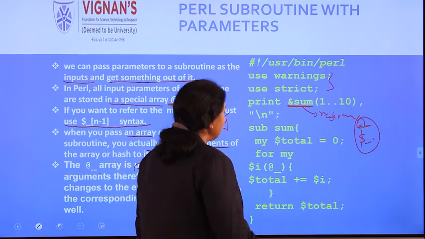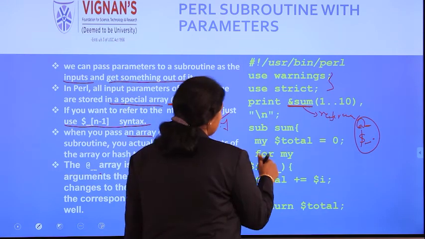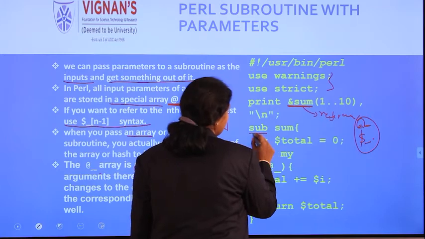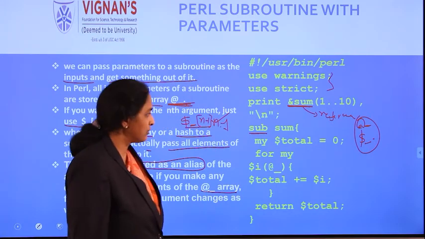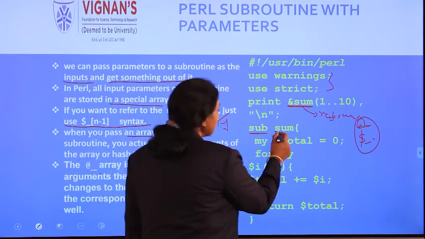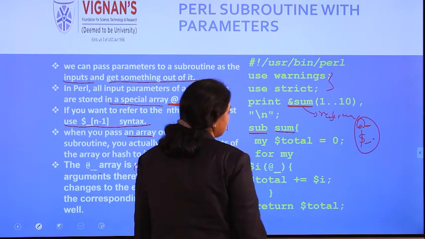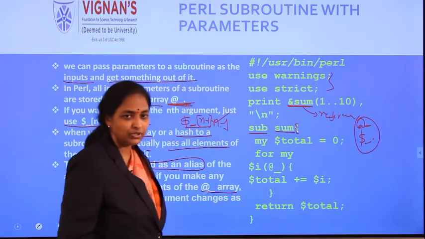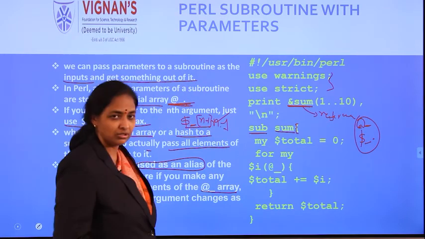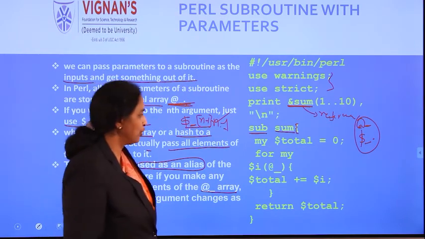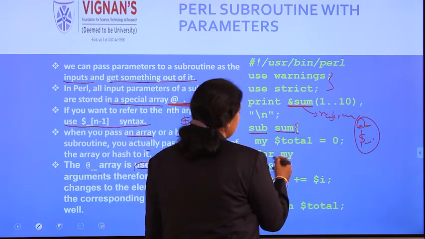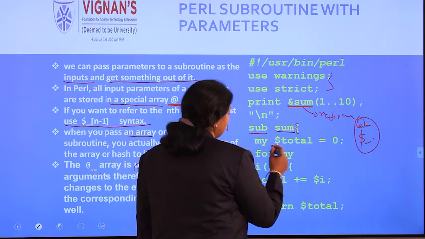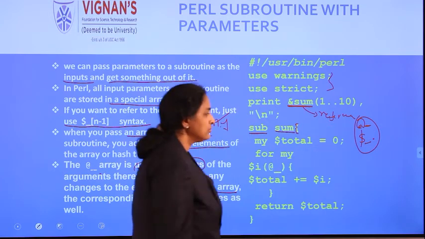Now coming to the function definition. Function definition or subroutine definition starts with the keyword sub. Sum is the name of the function. Now open braces, that is the starting point of the function block, the subroutine block. Now coming to the inside of the subroutine, first is my $total = 0.